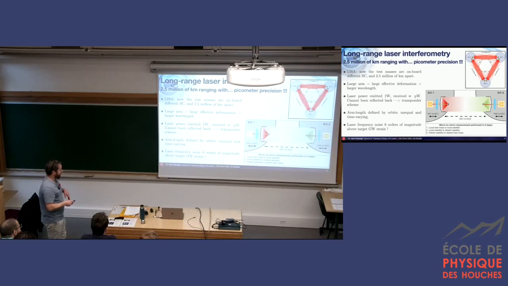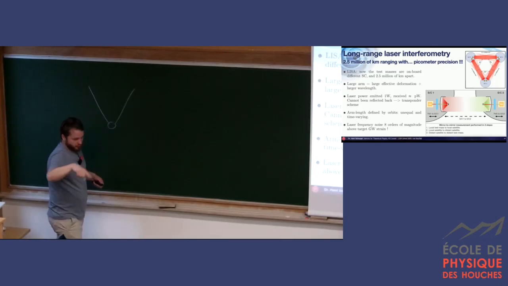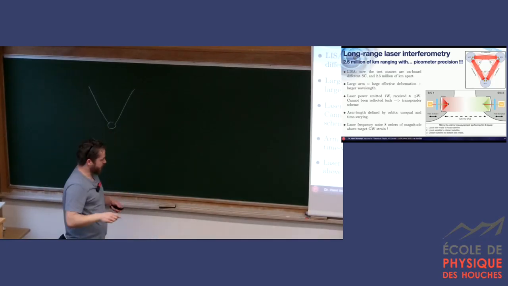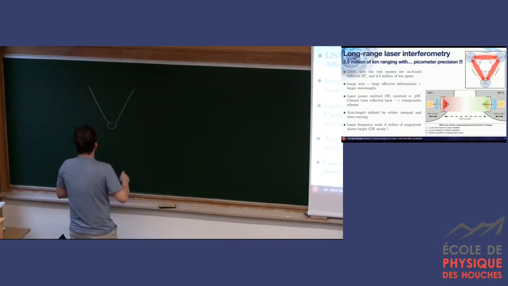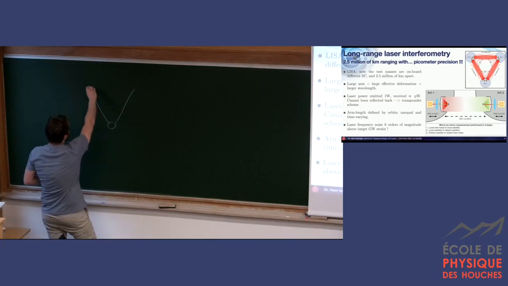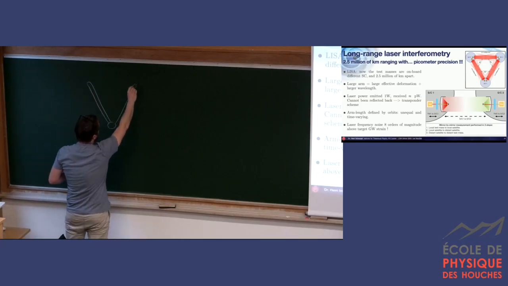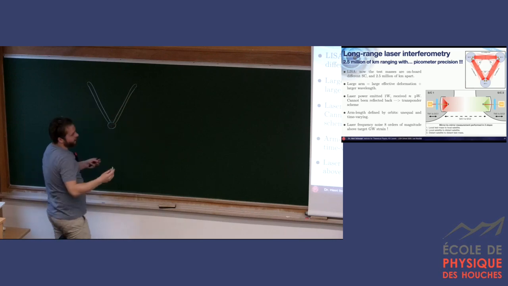Which means that in the traditional Michelson scheme, the one that you learn at school, you have one laser source, and this laser can have quite large frequency noise. But as long as you split this laser beam and they travel exactly the same optical path on both arms, the noise stays coherent.